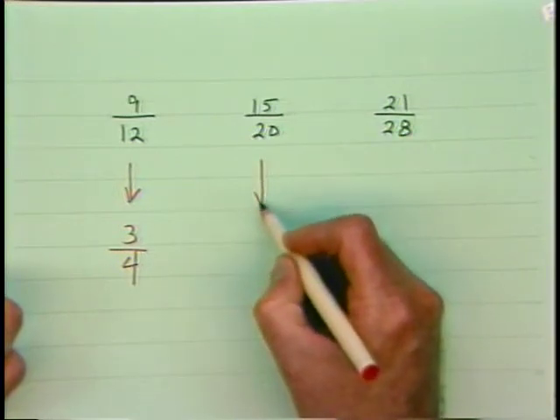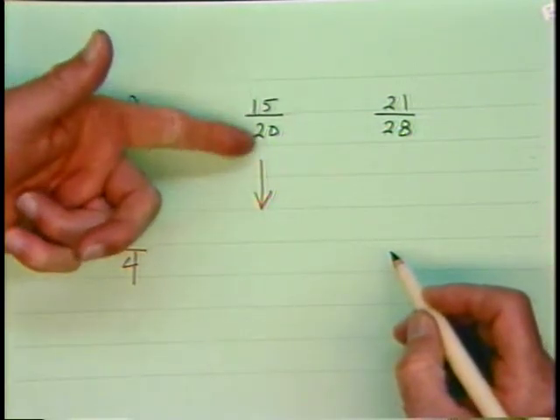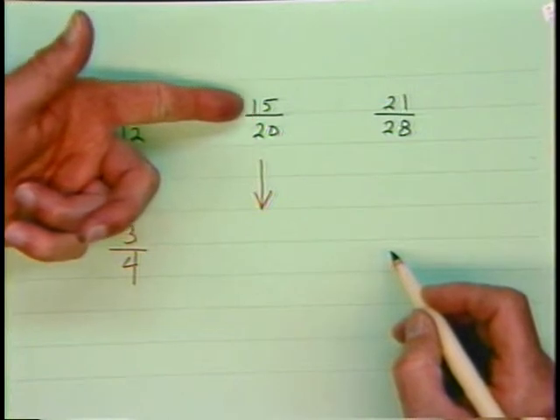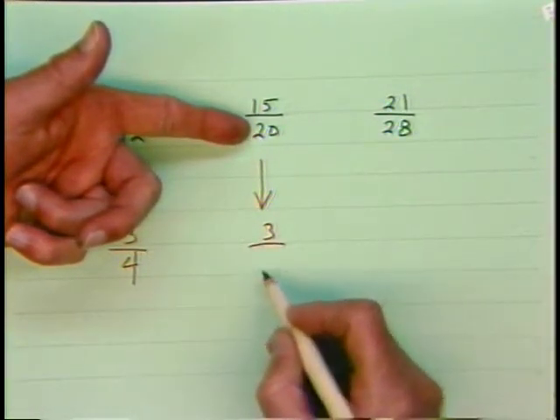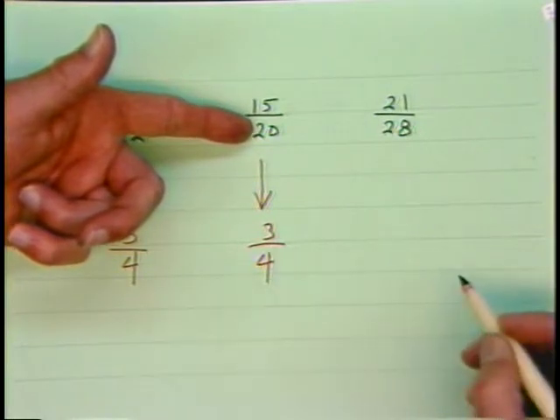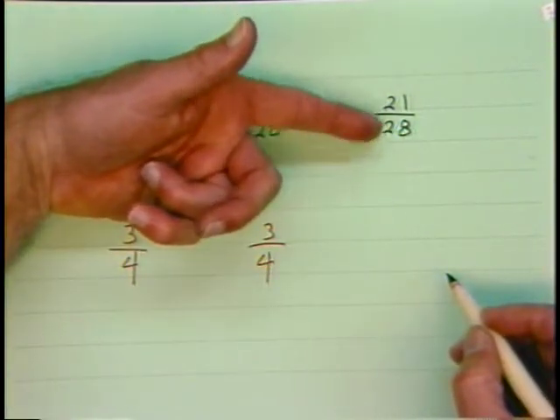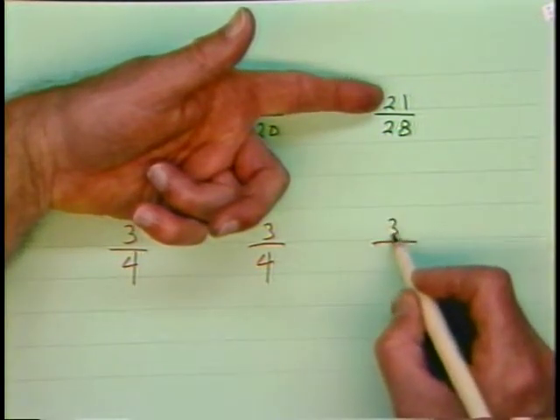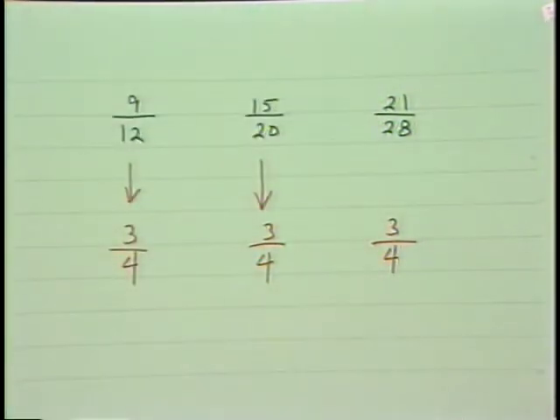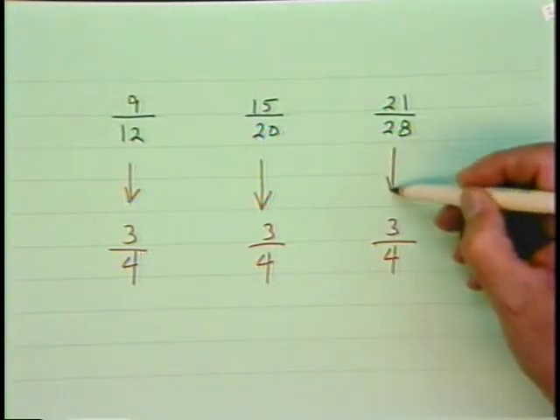We notice that the second fraction is divisible top and bottom by 5. 5 goes into 15, 3, 5 goes into 24. And a third fraction, we see that top and bottom is both divisible by 7. And by dividing both, it too reduces to 3/4.